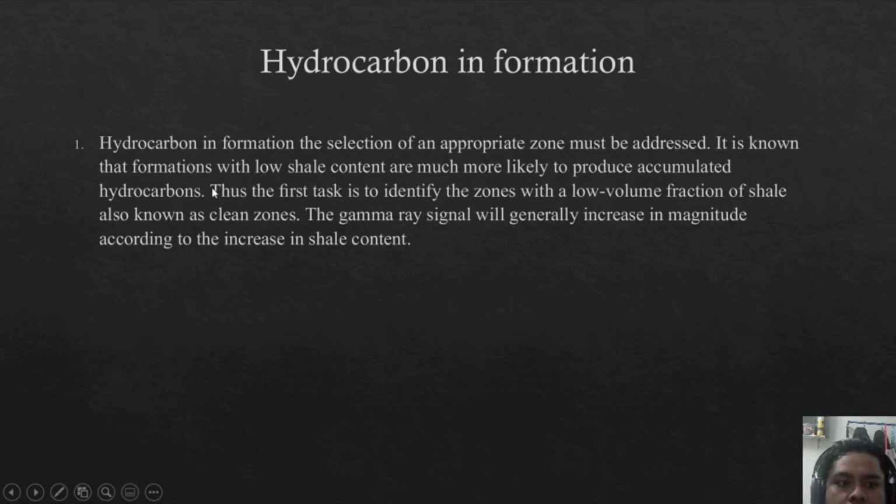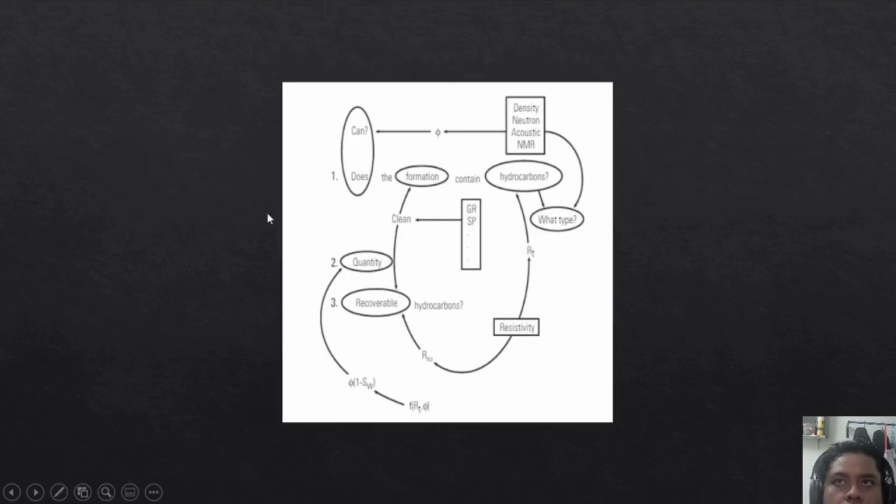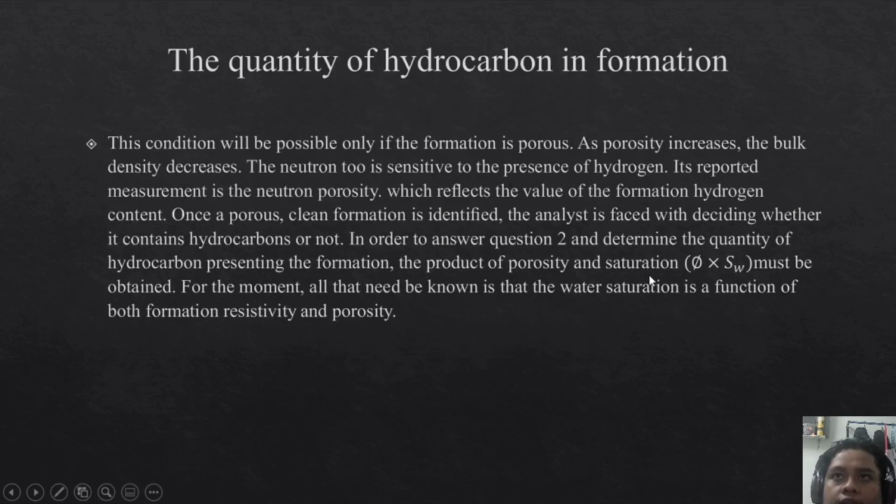It is not that formations with low shale content are most likely to produce accumulated hydrocarbons. Thus, the first task is to identify the zones with low volume fraction of shale, also known as a clean zone. This is the work of the chart with number 1 until number 3.